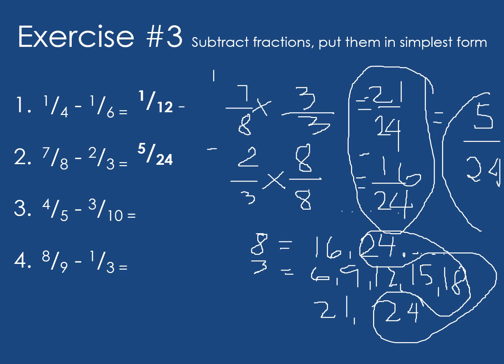Okay, now, do you understand, children? You have to answer number 3 and number 4. I will show you the answer, then you write your solution on your paper if you get the right answer. Do you understand? Okay, so here's the answer. Number 3, 1/2. And number 4 is 5/9. So what you will do is get a piece of paper and show your solution. The first step is write in column.